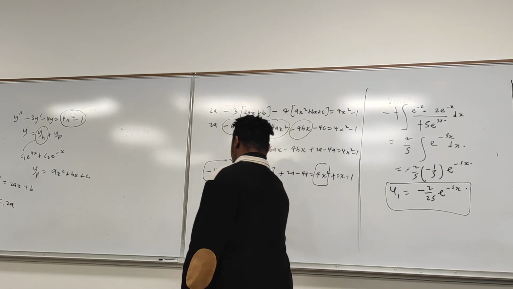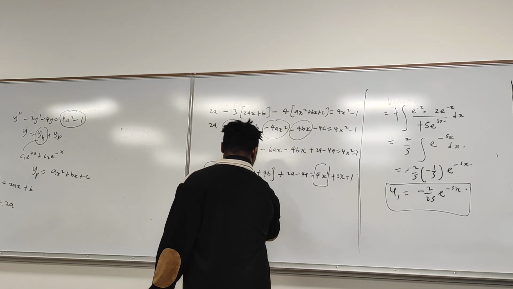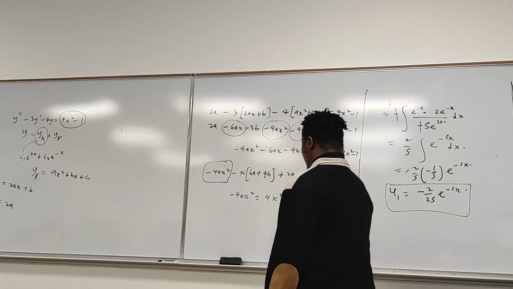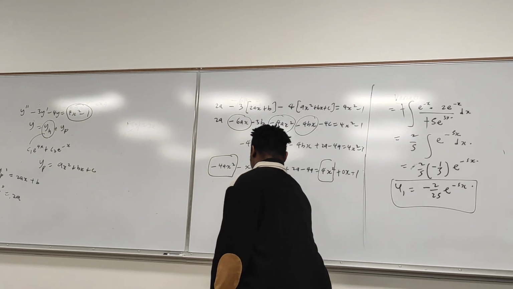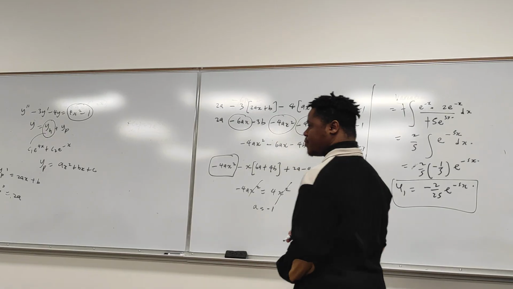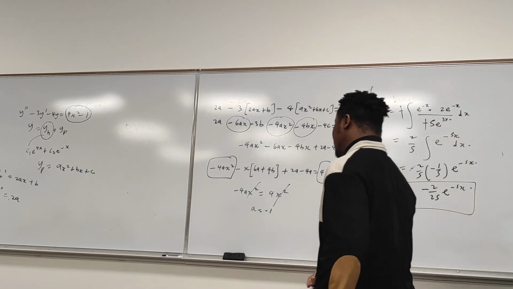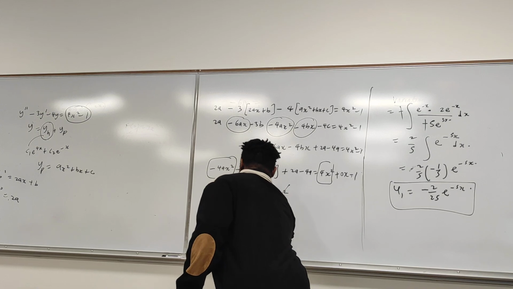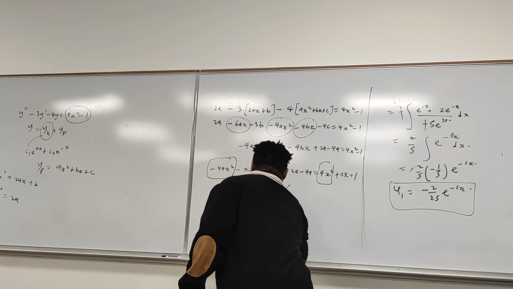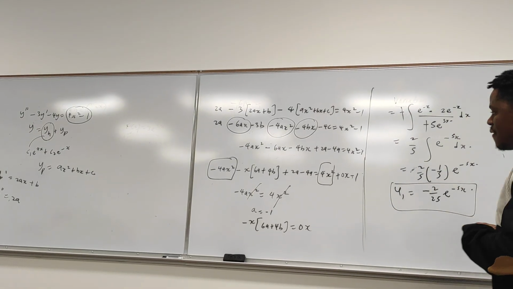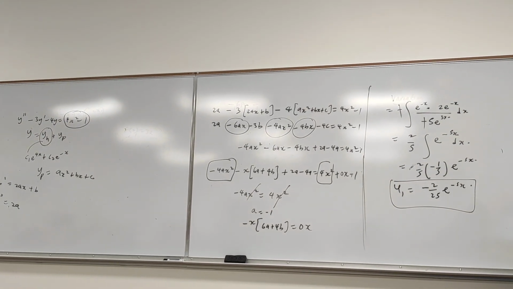So you can say minus 4ax squared is 4x squared. Right? So x squared can eliminate x squared and a becomes minus 1. That's how you do that. Then you can also say minus x times 6a plus 4b is 0x. Okay? That's algebra.